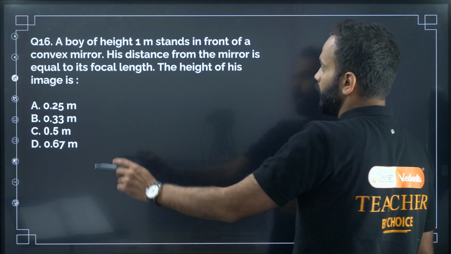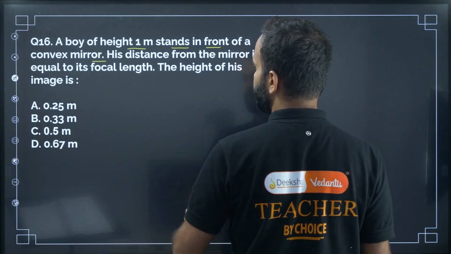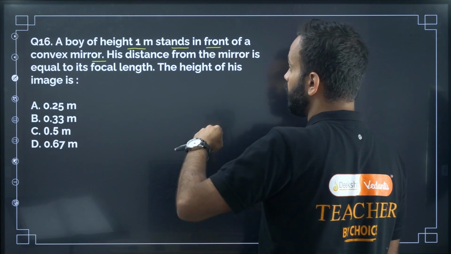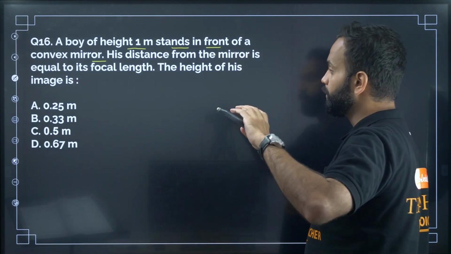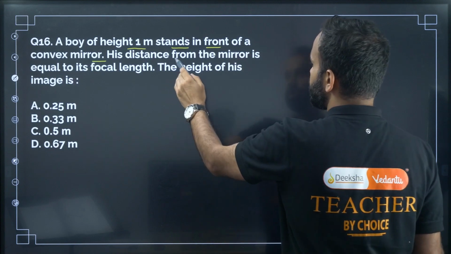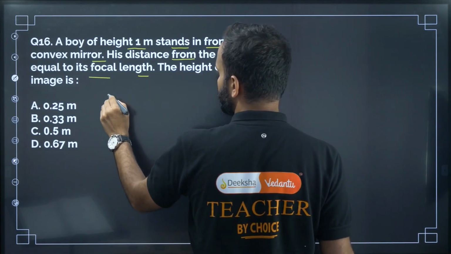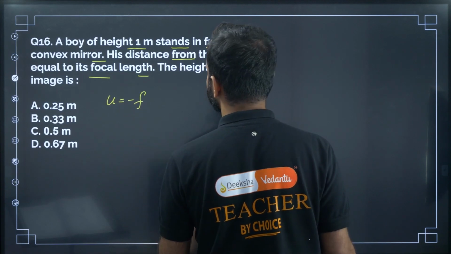Question number 16. A boy of height 1 meter stands in front of a convex mirror. His distance from the mirror is equal to the focal length, so u equal to minus f.